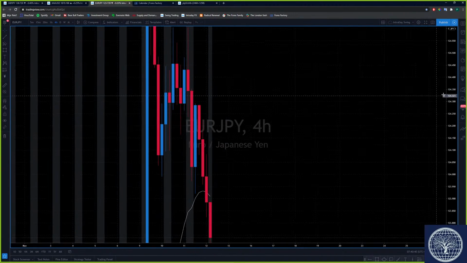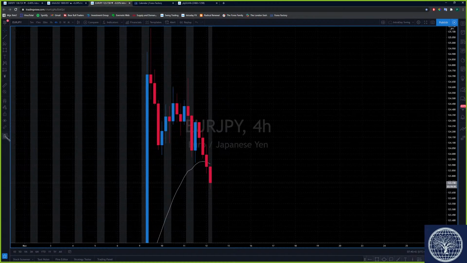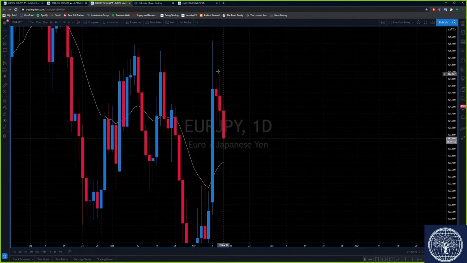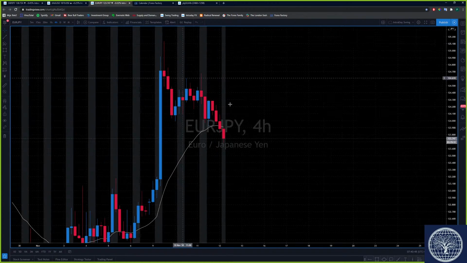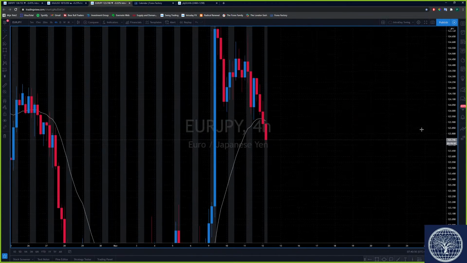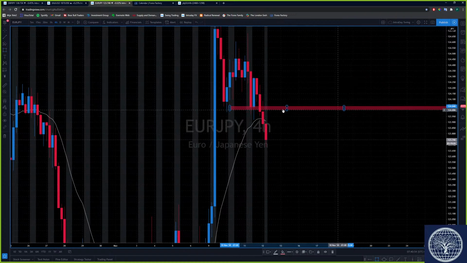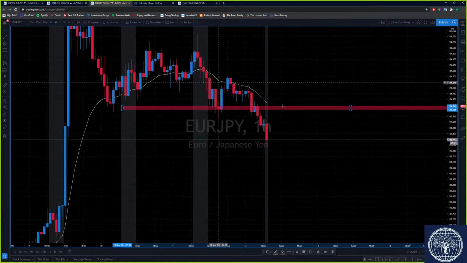What's up with Euro JPY? Let's see. Start from the daily. So daily is heading bearish. If we take a look at the 4-hour, we had resistance over here, support, which now should be resistance.